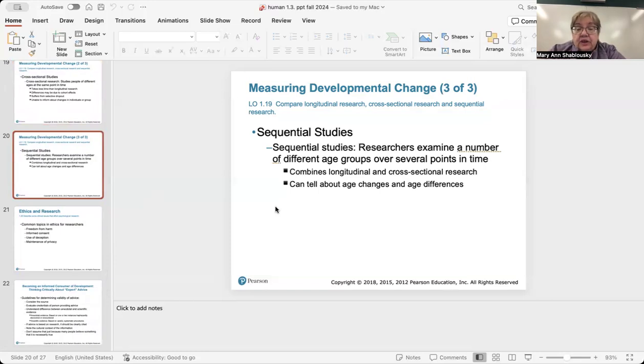Sequential studies is when you go after a number of different age groups over several points of time. So it's another one of those long range things, but it's looking at different age groups over and over, like every 2 years, every 4 years, every 6 years.